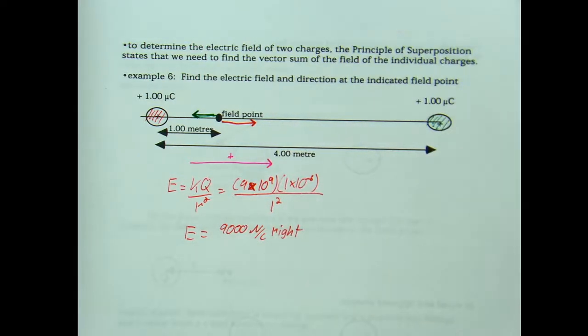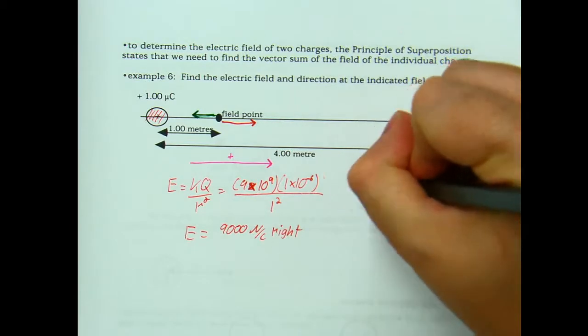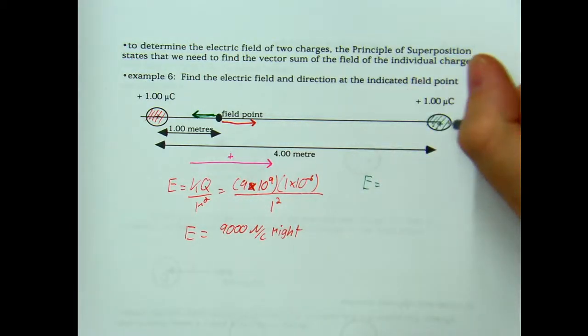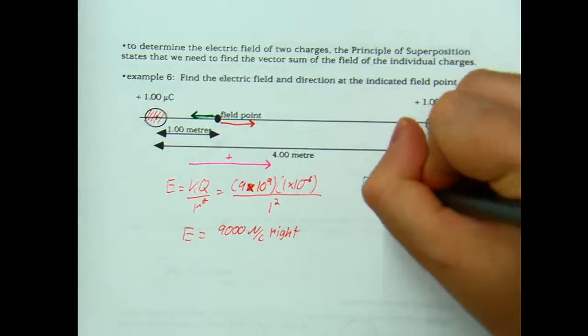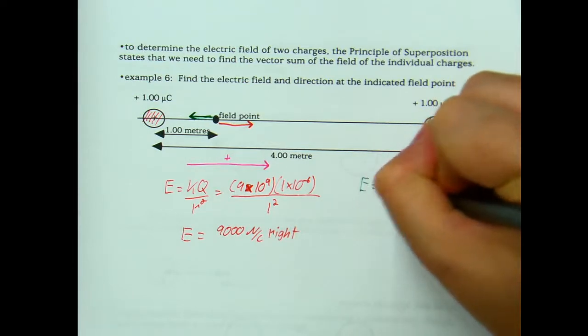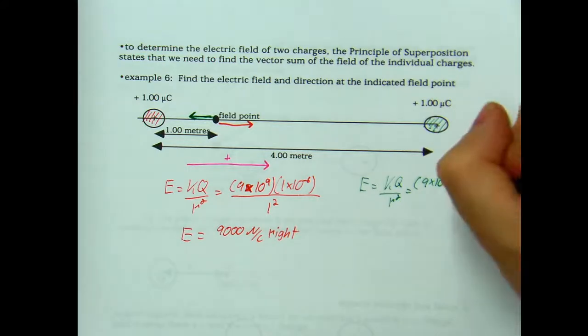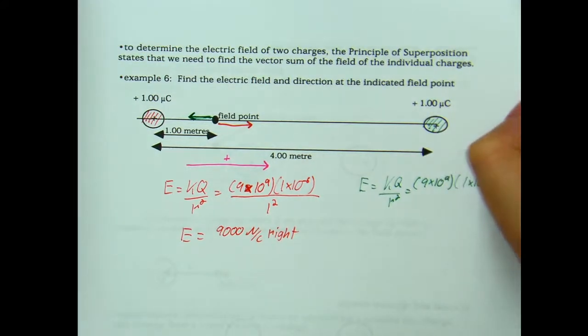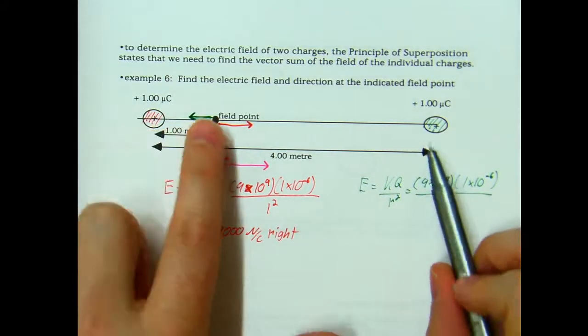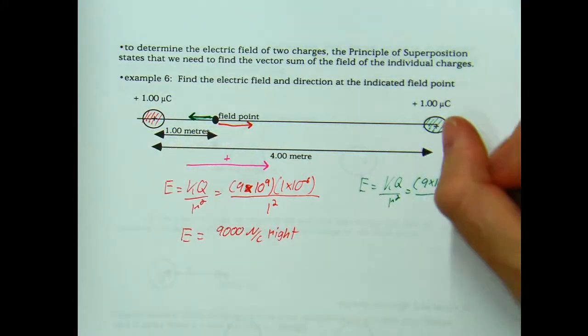So for this green guy, the equation is exactly the same. It's kQ over r squared. So this is 9 times 10 to the 9, 1 times 10 to the negative 6. And now if this distance is 4 and this distance is 1, this distance has to be 3.